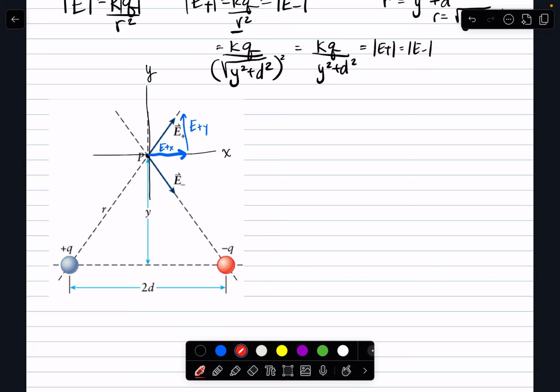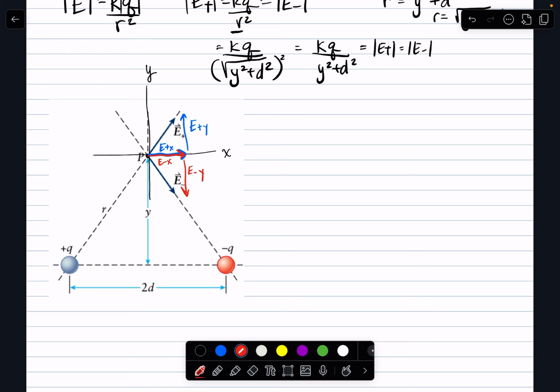And then for E minus, the X component of E minus and the Y component, let me write that over here, and the Y component of E minus.